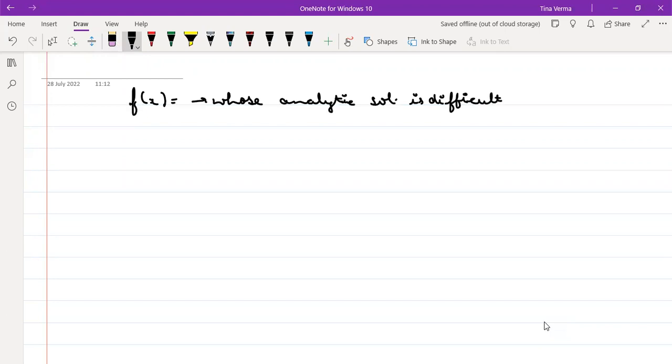So this course will tell you how we can find the approximate solution for some function, and how we can find the approximate integration when its analytic solution is not possible. Instead of finding the analytic solution, we go for the approximate way.